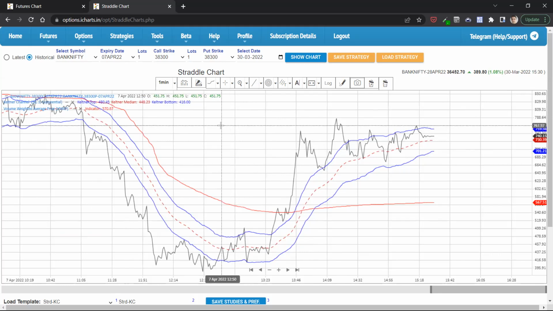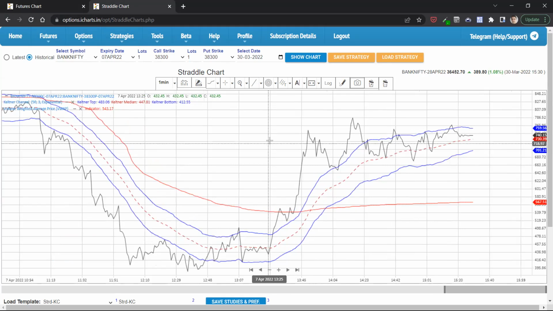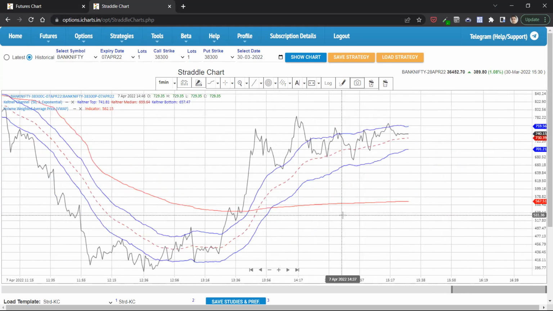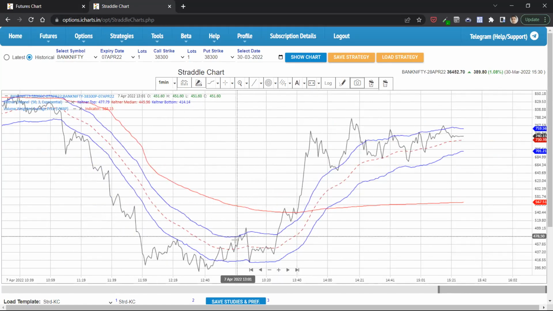Any questions? So that means that when the straddle line is going above the Keltner upper limit, then we should ideally buy a call. No, 1 minute. See, your straddle will go above the channel when the straddle price is exploding.